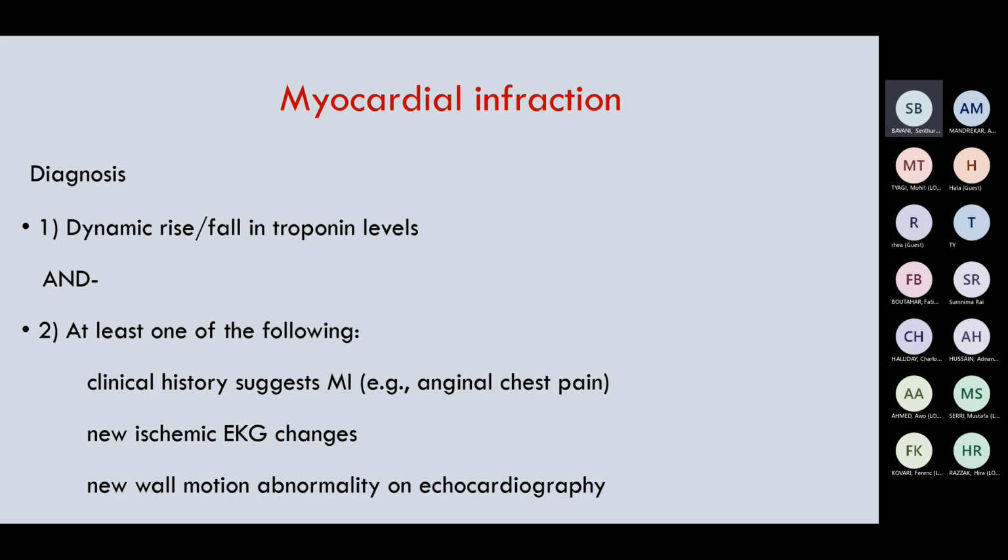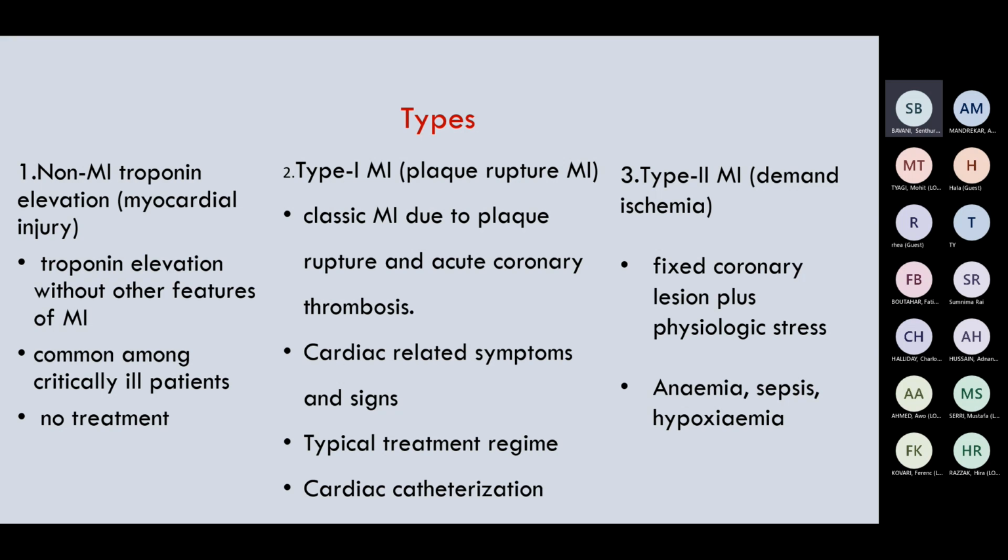We can divide it into non-MI troponin elevation, that is myocardial injury, type 1 MI, that is due to plaque rupture, and type 2 MI due to demand ischemia.